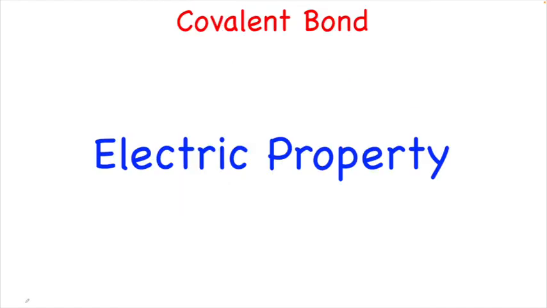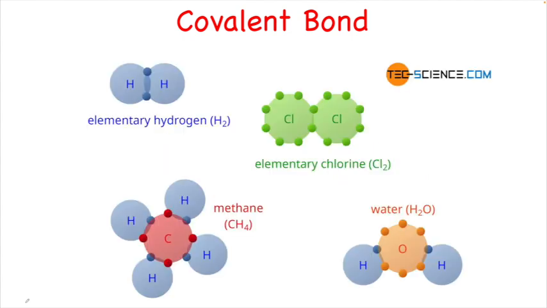Now let's have a look at the electrical behavior of covalent bonded materials. If you look at covalent bonded materials, the main behavior is that two highly electronegative atoms come closer and they share electrons to attain stable electron configuration. In this case, all the shared electrons are tightly held by the adjacent atoms, and these electrons cannot move freely.